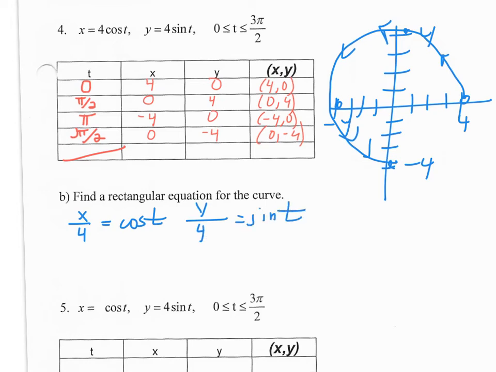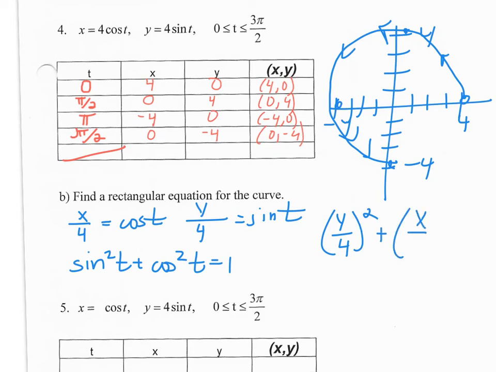Okay, now let's remember a little Pythagorean property. Hopefully you haven't forgotten this. sin² + cos² = 1, right? We know that to be true. Now what I'm saying is instead of sine, what if I called it y/4? And instead of cosine, what if I call it x/4? Okay, and a little bit of cleaning up.